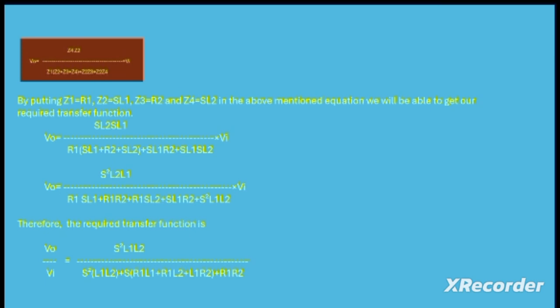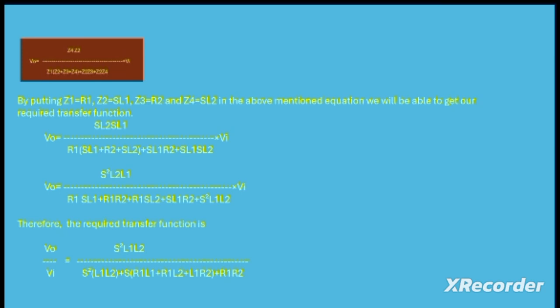Therefore, the required transfer function will be Vout over Vi equals, our numerator becomes S squared L1 L2, over S squared L1 L2 plus S multiplied by (R1 L1 plus R1 L2 plus L1 R2) plus R1 R2.